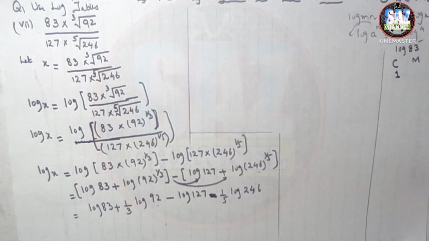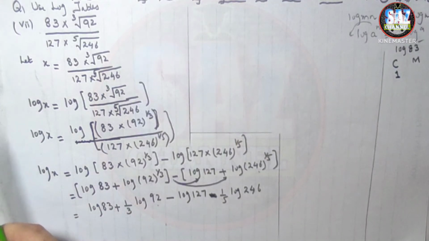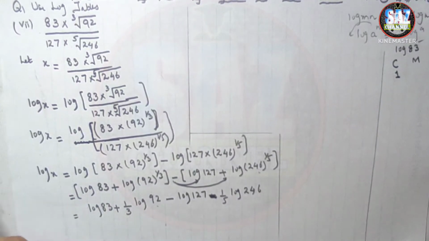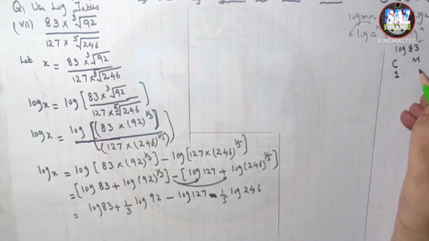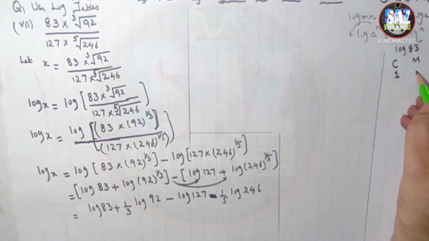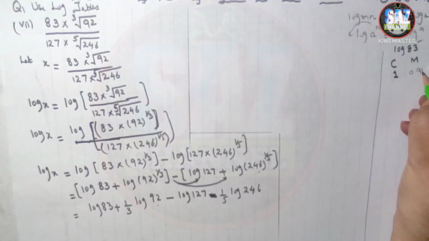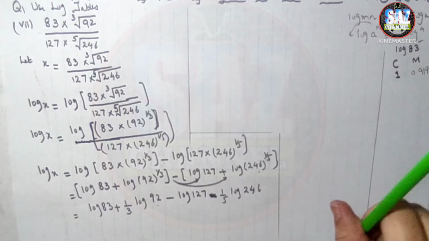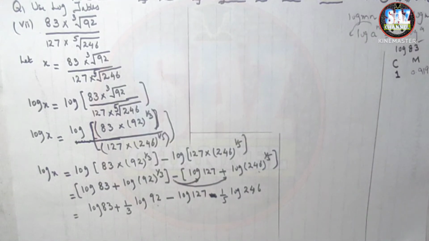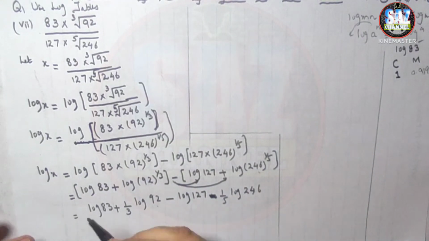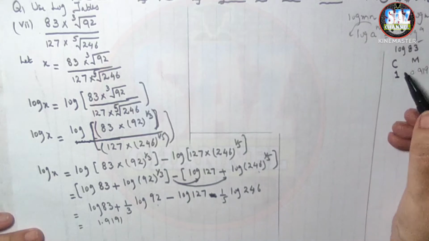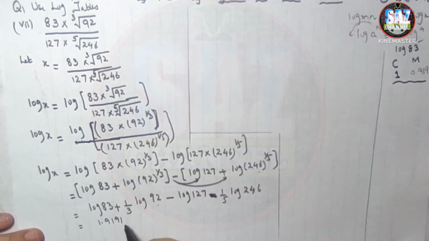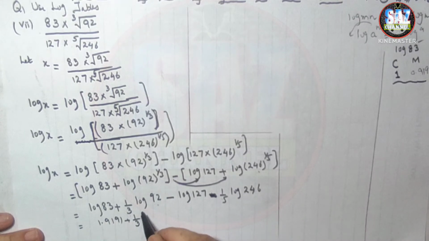So I locate 83 in the column of 0, and that gives me 9191, and as we have to write the mantissa in decimal form, 0.9191. Log of 83 is 1.9191.